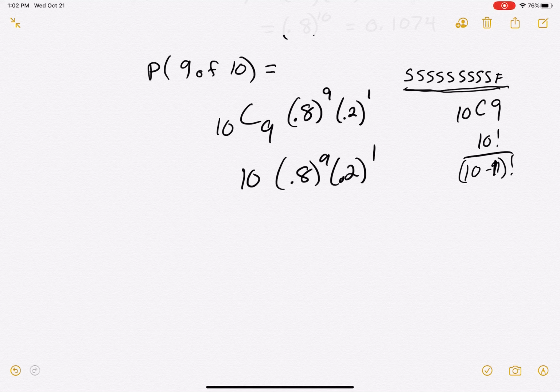So 10 times 0.8 to the 9th times 0.2. And that probability is going to be 0.2684.